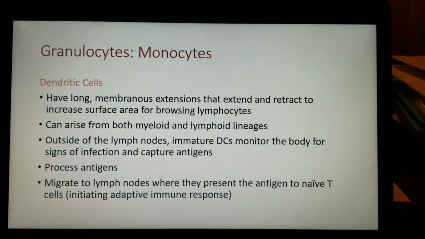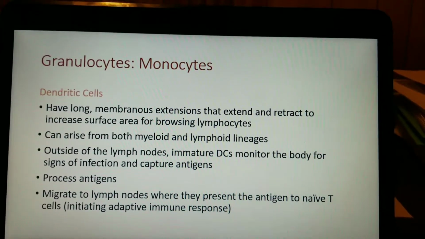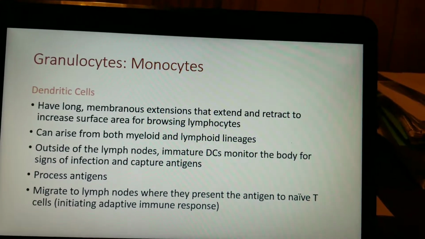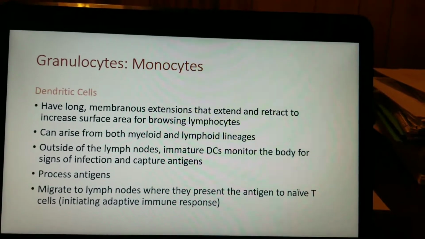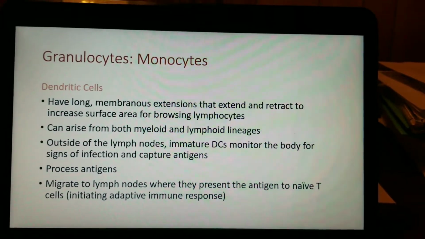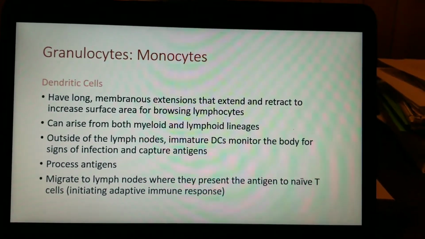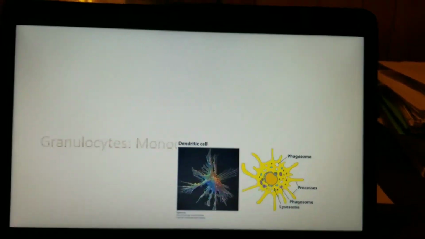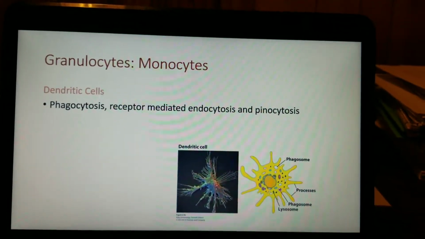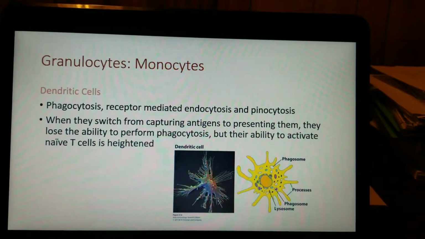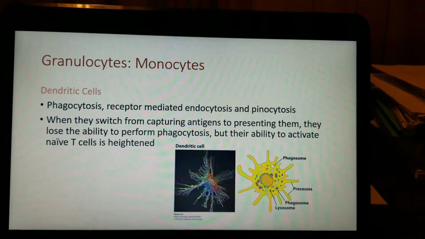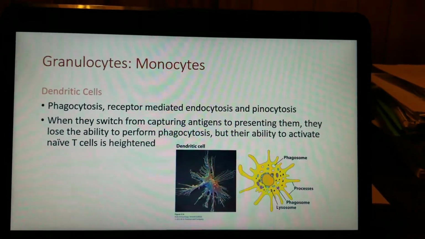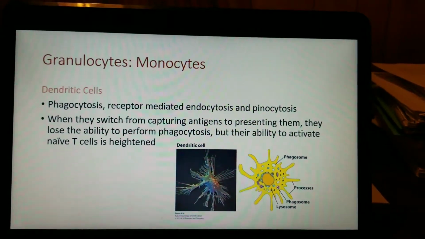One interesting thing about dendritic cells is that they can come from the myeloid or lymphoid lineages. So there are two different ways that a dendritic cell can become a dendritic cell. Dendritic cells can carry out phagocytosis, receptor-mediated endocytosis, and pinocytosis.